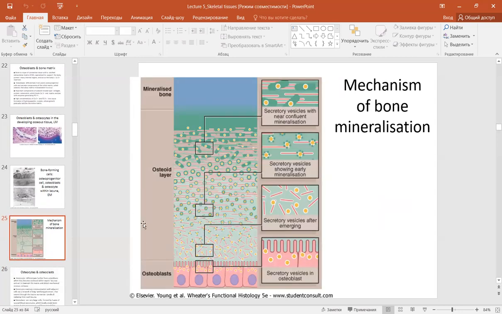Here is the mechanism of bone mineralization. This is the layer of the osteoblasts, which contain the secretory vesicles accumulated in the upper portion of the osteoblast and moved via exocytosis to the extracellular space.